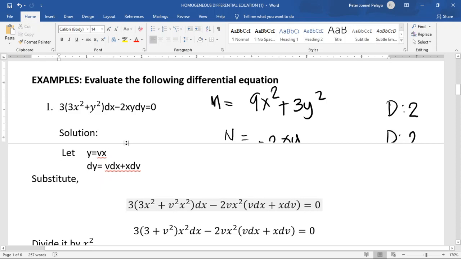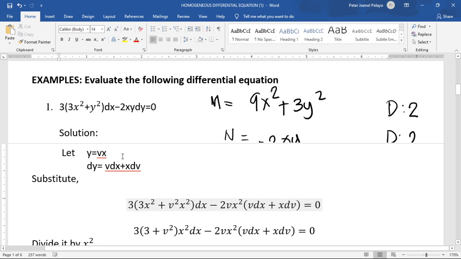Now, etong dalawang to, so, si y is equal to vx. Sa substitute lang natin to, si y, so, mapupunta dyan. And then, si y pupunta rin doon. Okay? So, dalawa pag-substitute na natin. And then, si dy, itong dy, pupunta dito. Yan yung dy. Okay? So, ganun tayo mag-substitute.